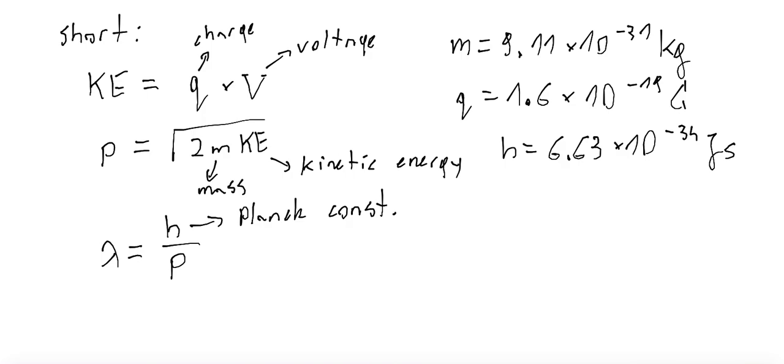Copy this. You have to know the method, you have to know how to calculate, of course, by using a calculator. You don't need to memorize constants, but you have to know how to find the wavelength of the associated wave of any charged particle accelerated by a given potential difference, because this is the base of how an electron microscope works.